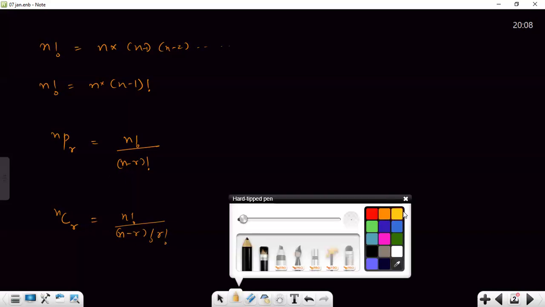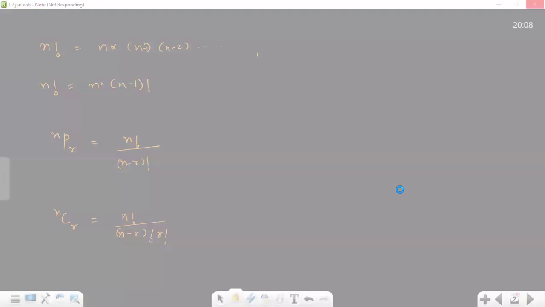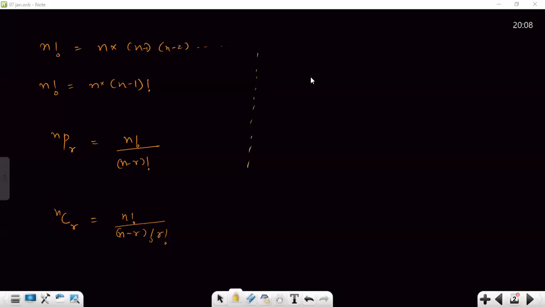Okay. And so let's talk about some concepts of geometry now. Let us say there are certain points given to us. Let's consider 1, 2, 3, 4. There are 4 points. In how many ways can we make a straight line?